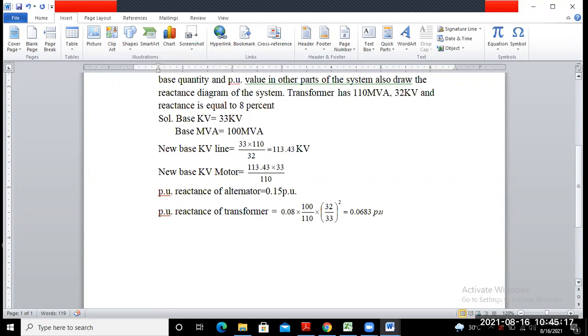So the transmission line reactance is equal to 50 ohm.